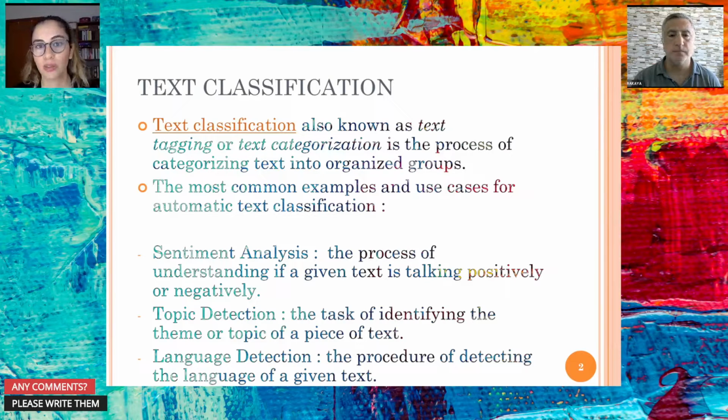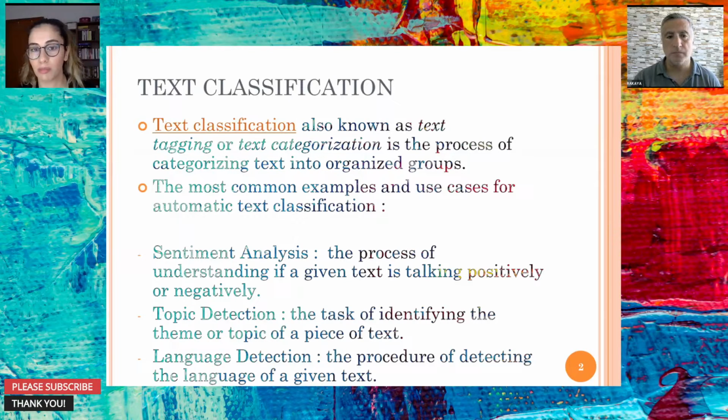Text classification, also known as text tagging or text categorization, is the process of categorizing text into organized groups. There are some common examples in this natural language processing area, like sentiment analysis, topic detection, and language detection. Sentiment analysis is the process of understanding whether a given text is talking positively or negatively.